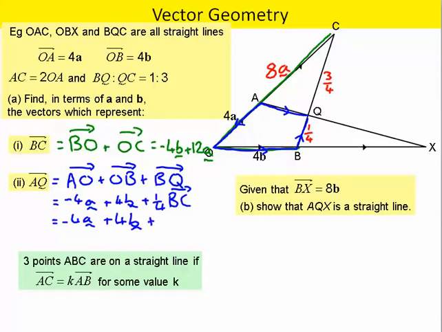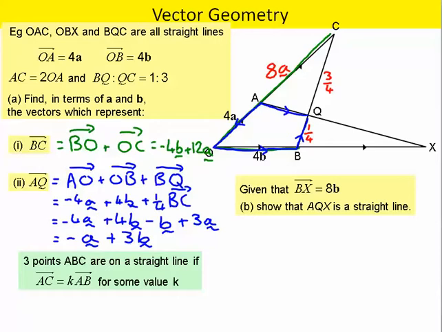That's 1/4 of minus 4b, so that is minus b, and 12a becomes plus 3a because it's 1/4, which gives us minus 4a plus 3a, gives us minus a, and 4b minus b is plus 3b. So minus a plus 3b is AQ.